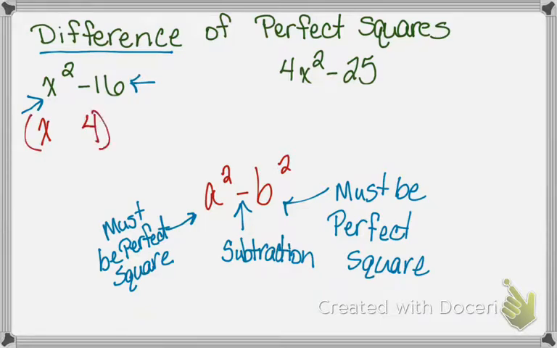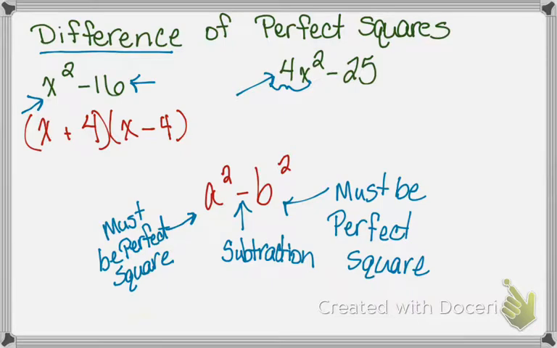So I am going to write that down twice. One of them is going to be plus and one of them is going to be minus. Whoops, I didn't write the 4 down, sorry. So x plus 4 and x minus 4. Difference of perfect squares.